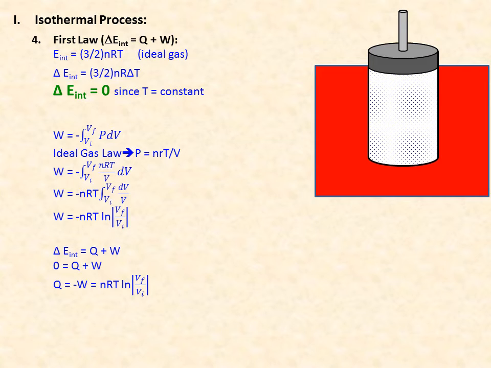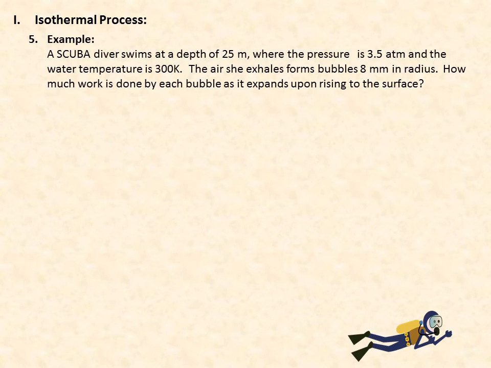So if we want to get positive work being done by the system on the environment, we must add heat. That's what happens in the expansion. If we look at an isothermal compression, we must remove heat from our system so that it maintains a constant temperature as the gas is compressed.